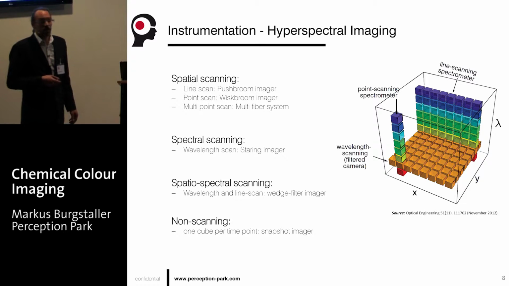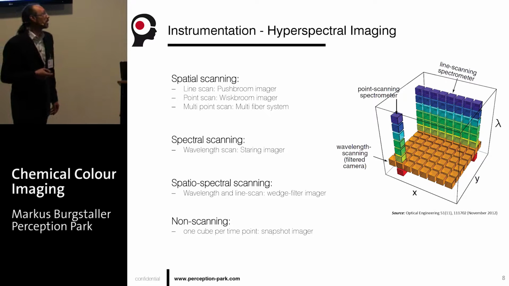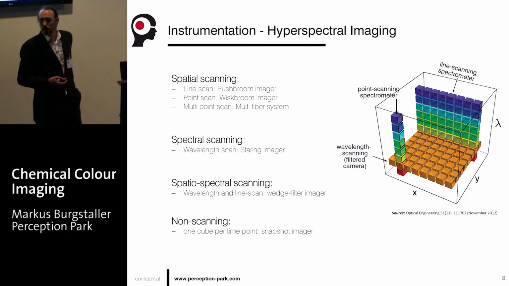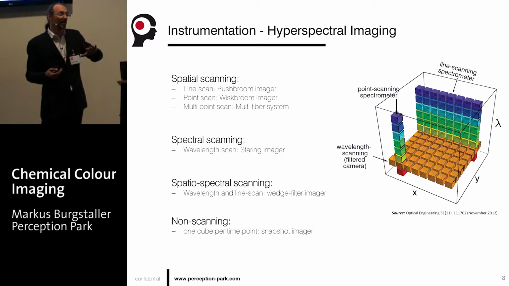Some typical scan technologies, or instrumentation technologies, available. This one is the standard technology. As I told you, at one time point we capture the spatial domain and the wavelengths, and over time we fill up the cube. Spectral scanning is if we have, for example, a filter wheel: at one time point, we get one wavelength.